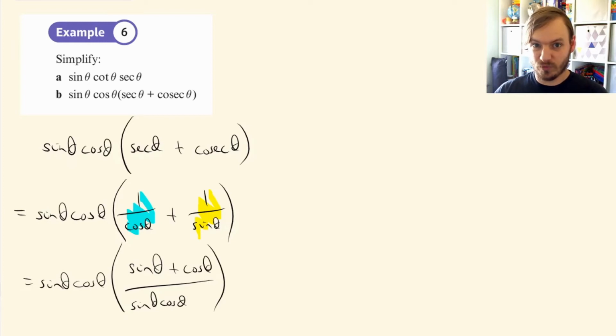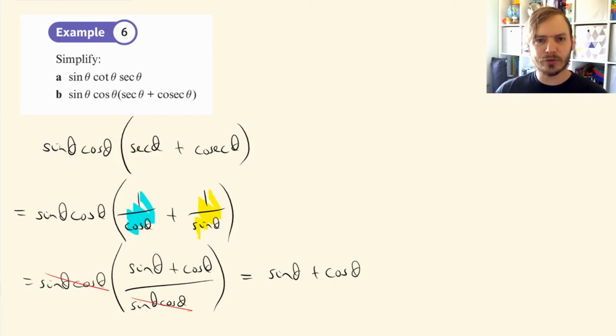So I can combine them into a single fraction. The denominator is sine theta cos theta and the numerator is sine theta plus cos theta. And now you can see that this denominator cancels out with outside of the brackets. So what we're left with is just sine theta plus cos theta, and we're finished.